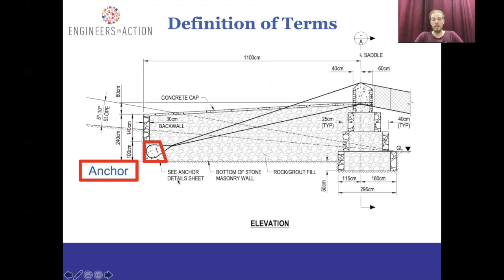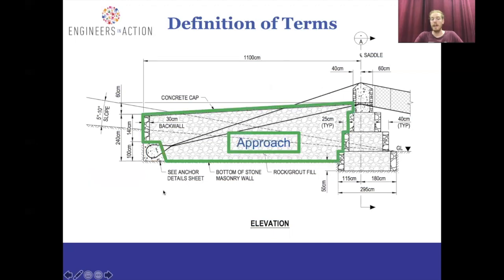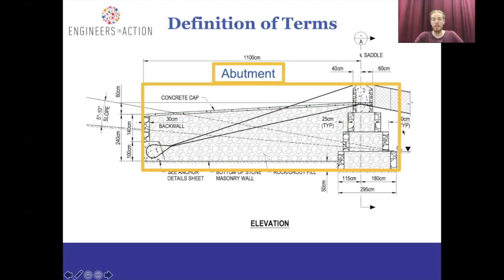You can see anchor detail sheet. If we went to that sheet in the drawing set, we get some more details. We then have what's called the approach ramp or the approach walls. Right now we're just seeing the walls, but this is what we call the approach. It has different dimensions, but basically it's connecting our anchor to our foundation, tiers, and tower. That's the point of the approach.